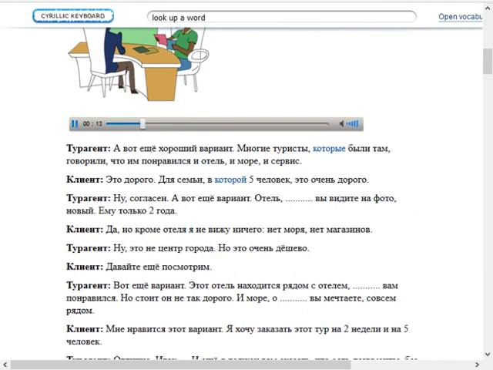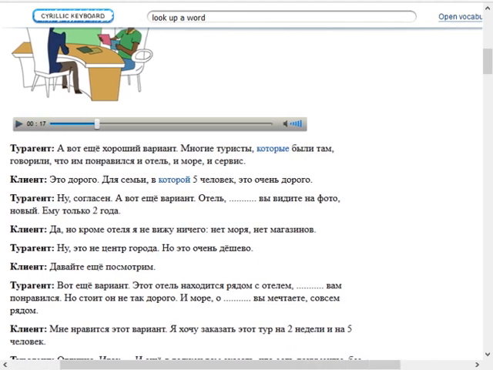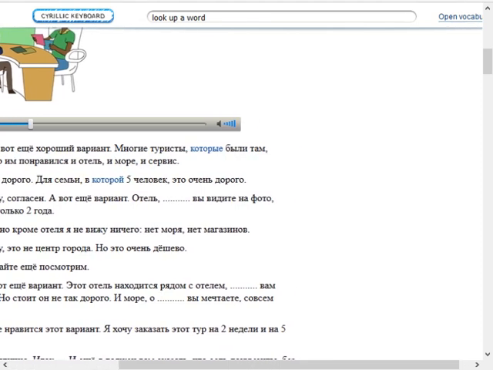Ну, согласен, а вот еще вариант. Согласен is like, well, agreed, yeah, that this is true. Вот еще вариант, but here is yet another variant or option. Отель, который вы видите на фото, новый. Okay, the hotel.